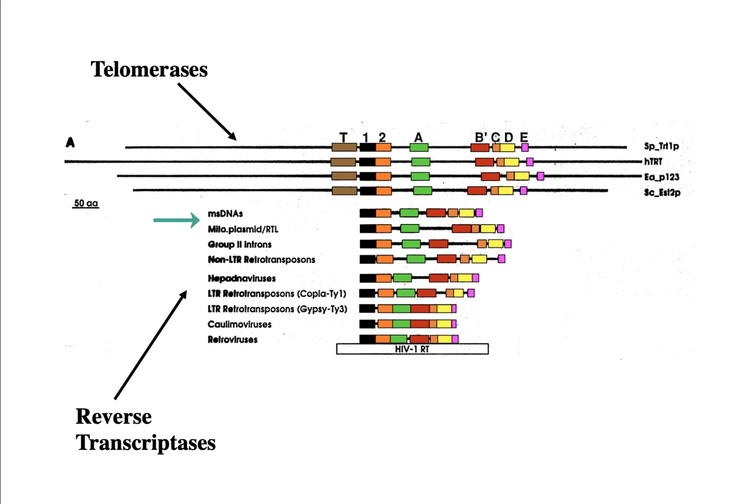And just above that you see some other mitochondrial elements, including one called a plasmid. So you have plasmids and virus-like elements and introns all having these reverse transcriptases. And then finally the telomerases up above, which are in eukaryotic systems on long linear chromosomes.